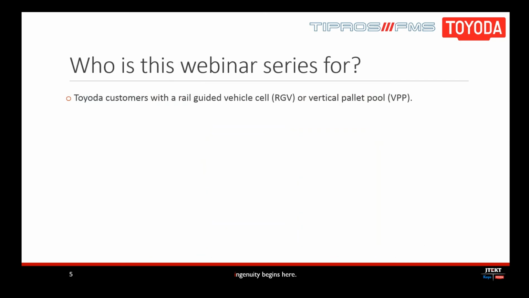Okay, so who is this webinar series for? We've designed the series for Toyota automation customers who have our rail-guided vehicle or RGV systems, as well as those with vertical pallet pools. We're hoping to inform those who may be automating in the future. Throughout the course of the series, we'll be covering everything ranging from the basics to more complex topics.